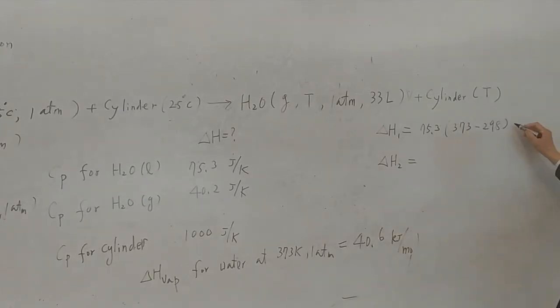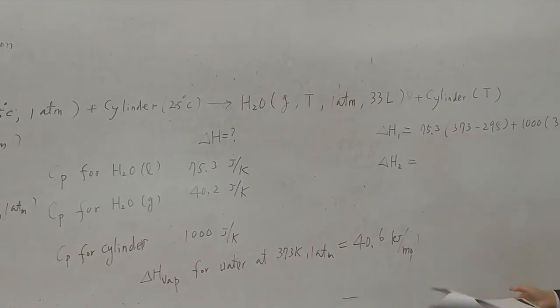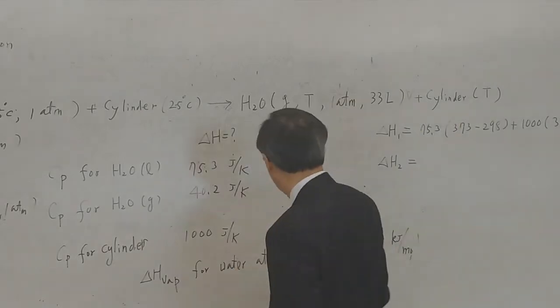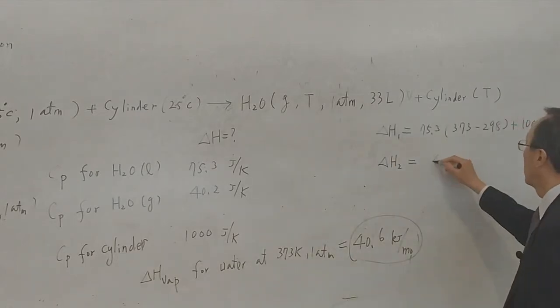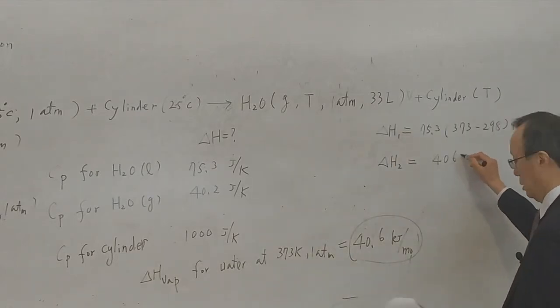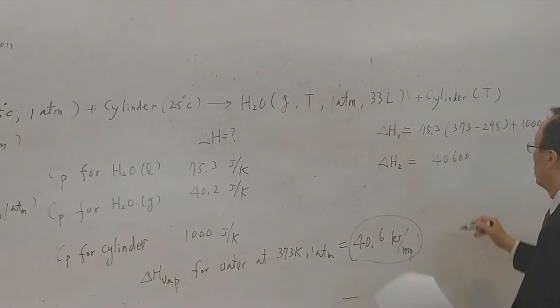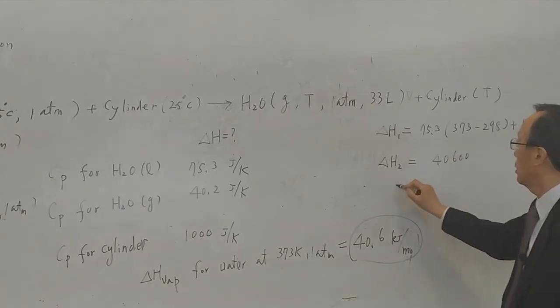And also for this delta H1, we need the cylinder, 298. For delta H2, we just put this one, 40.6, so 40,600 joule.